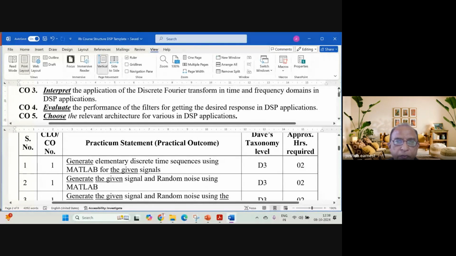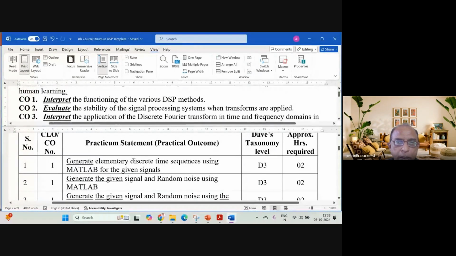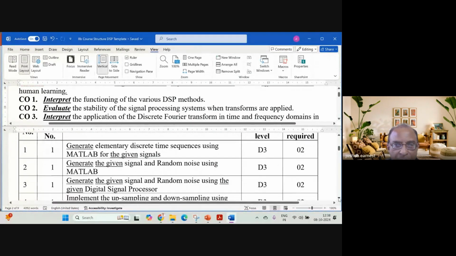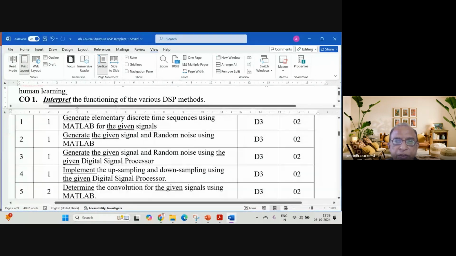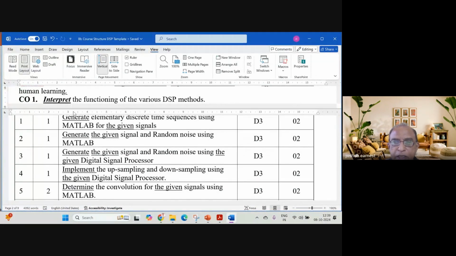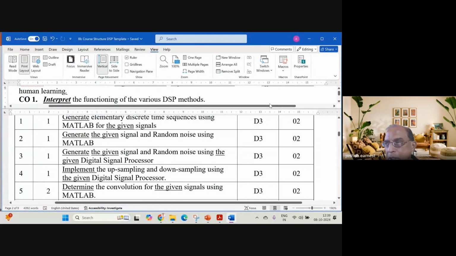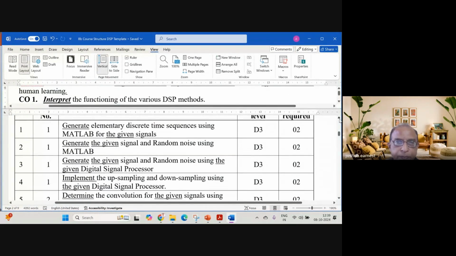Now we are at CO1. For CO1, how many practicals can be generated? There are 4 practicals that can be done. So for doing the job in the industry to interpret the functioning of the DSP methods, 4 practicals are required.